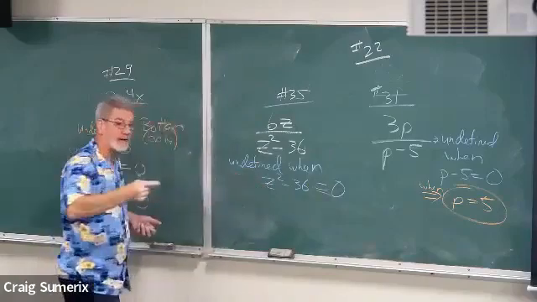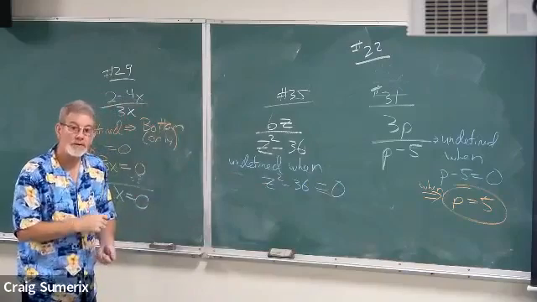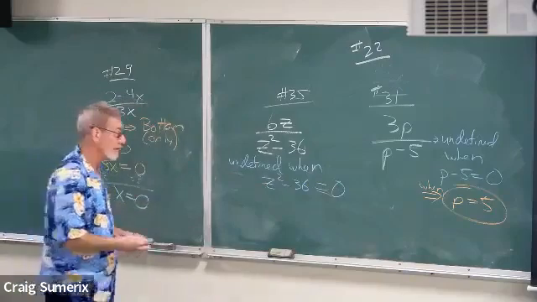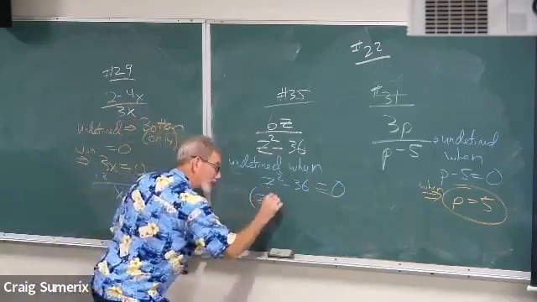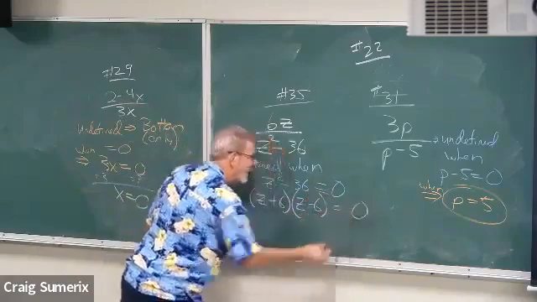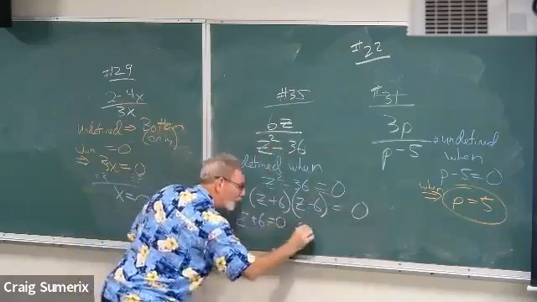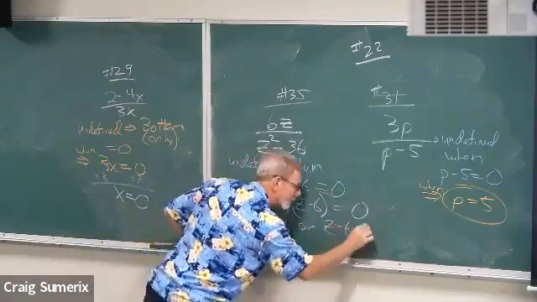Can you factor that? Difference of squares. z plus 6 times z minus 6. You see it now? Yeah, I see it. When either one, z plus 6 equals 0 or z minus 6 equals 0.